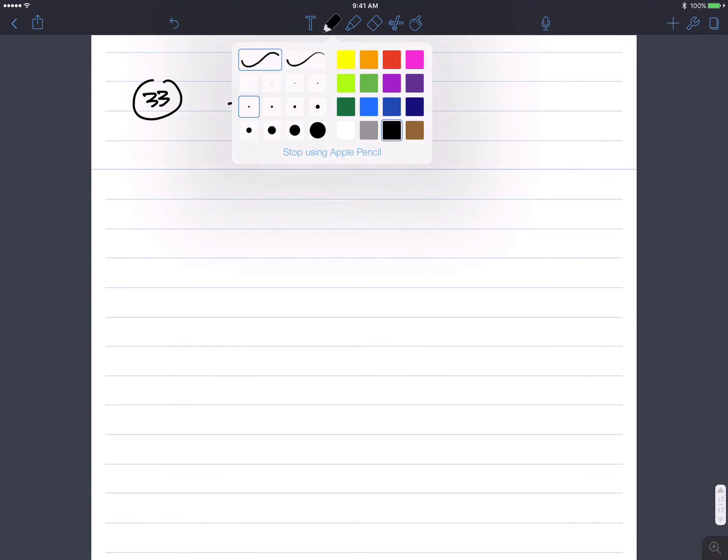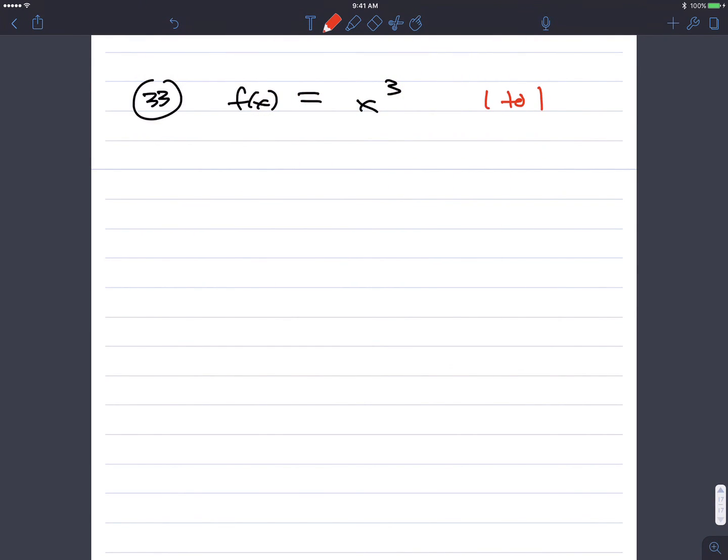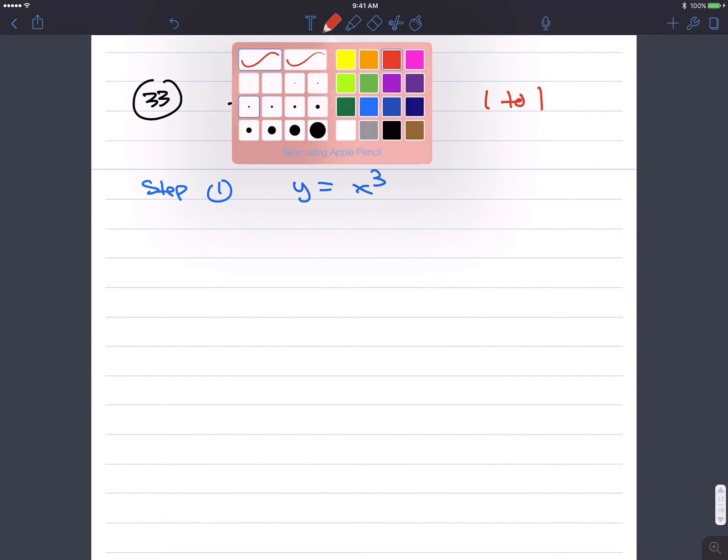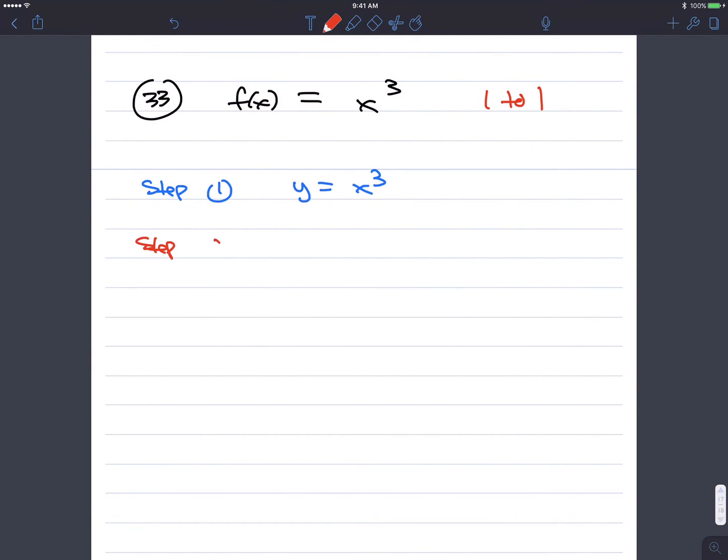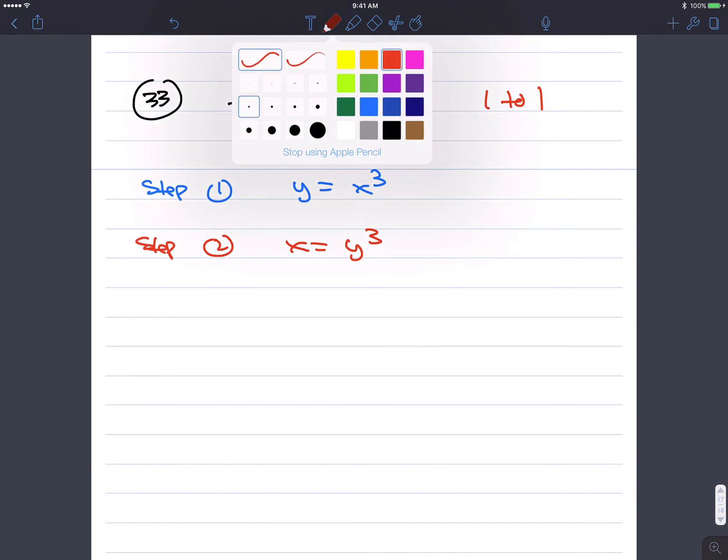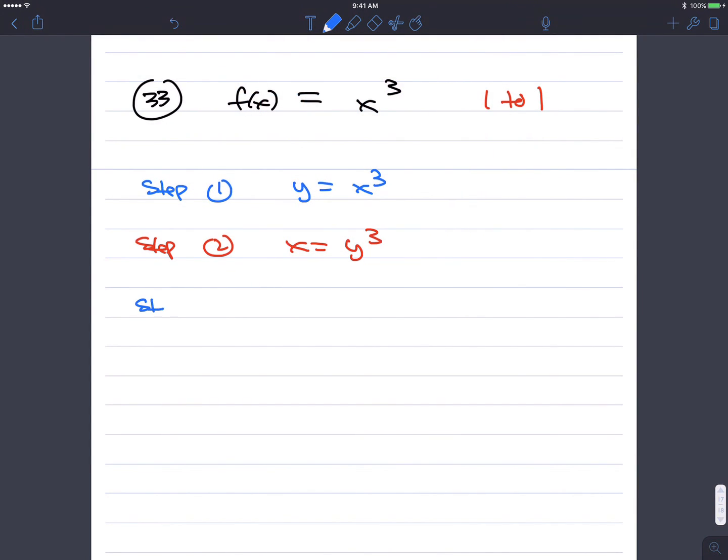This makes number 33. Make sure you guys remind me here. Here we go. 33. x cubed. We know this is one-to-one. Let's find the inverse. Step 1, you're going to let y be x cubed. Step 2. What's step 2? Switch x and y. Step 3.